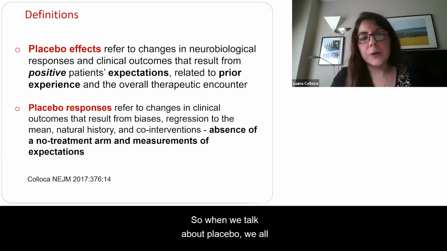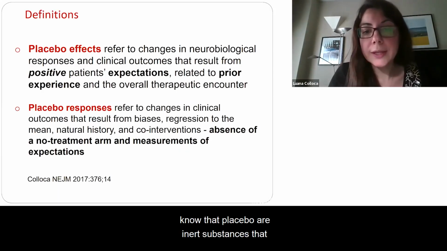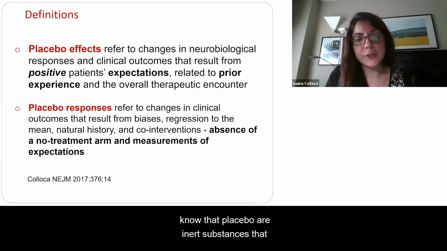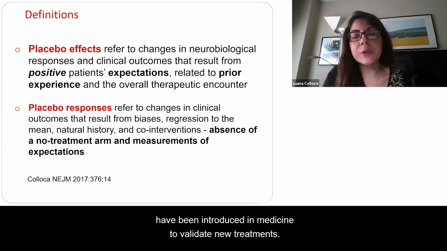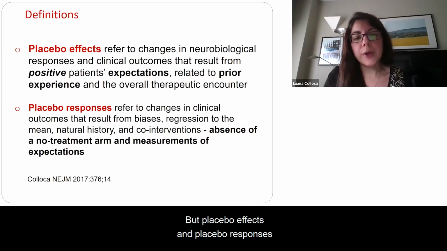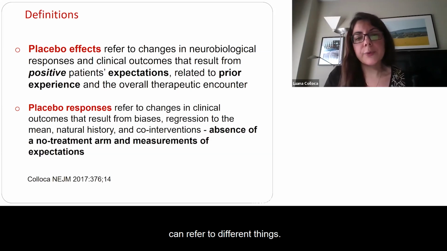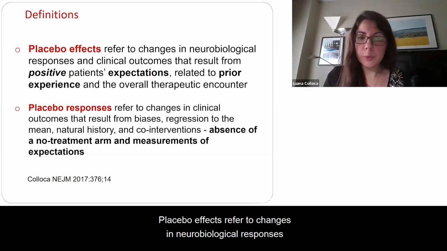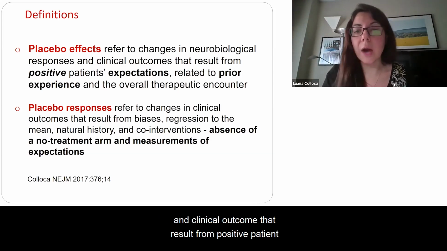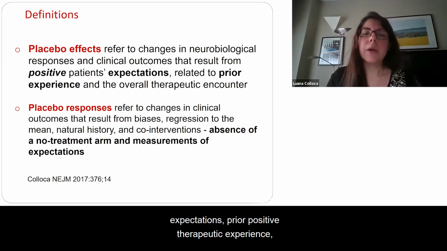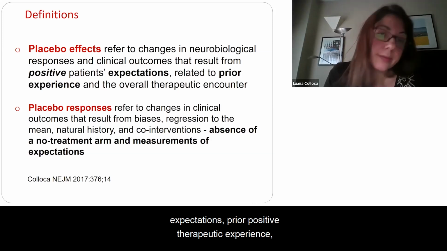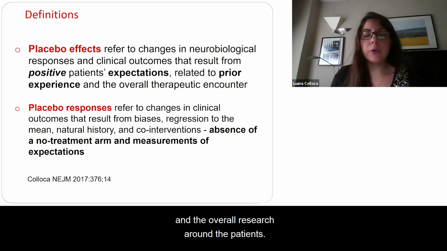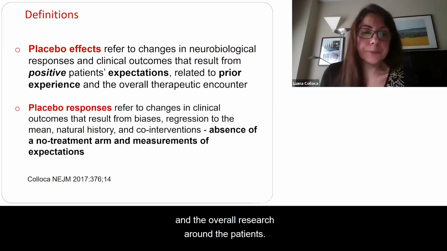So when we talk about placebo, we all know that placebo are inert substances that have been introduced in medicine to validate new treatments. But placebo effects and placebo responses can refer to different things. Placebo effects refer to changes in neurobiological responses and clinical outcome that result from positive patient expectations, prior positive therapeutic experience, and the overall ritual around the patient.